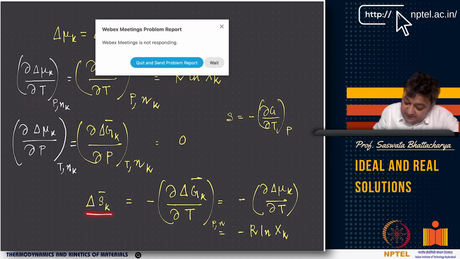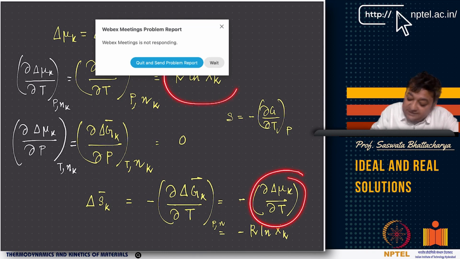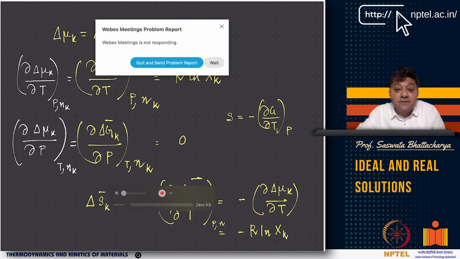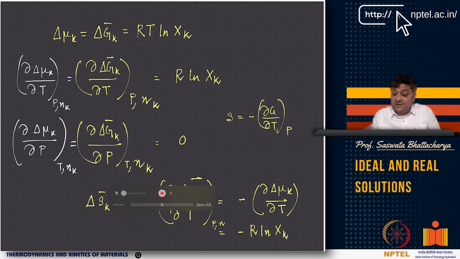Here only a negative sign is missing, so the same thing comes in. So this becomes minus R ln xk.